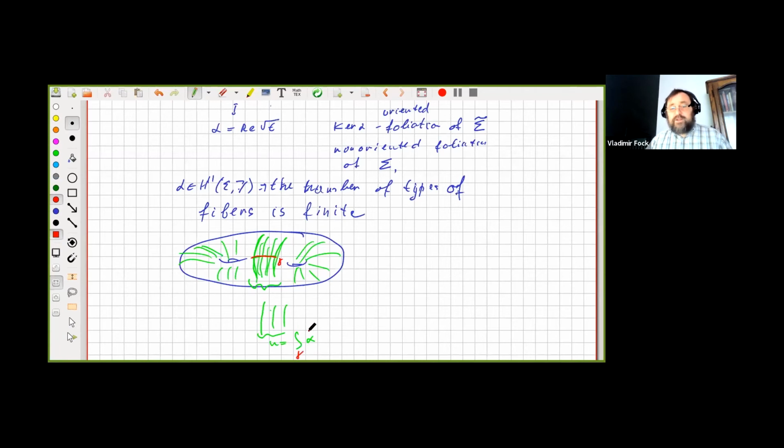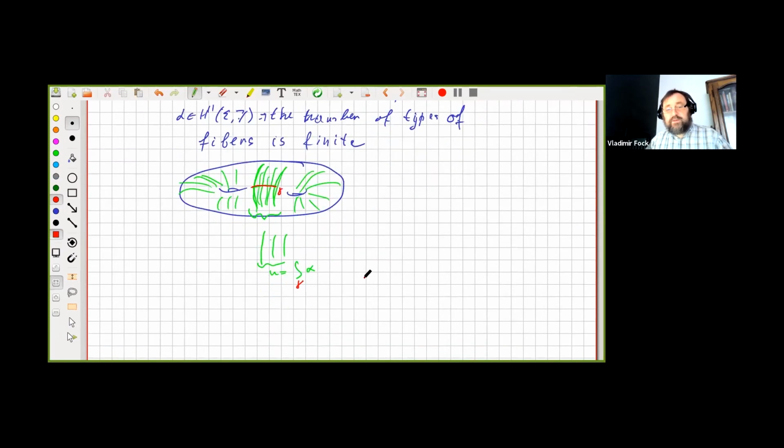Since alpha is an integral class, all these integrals will be integers, perhaps in absolute value.